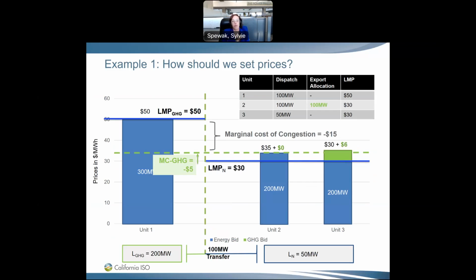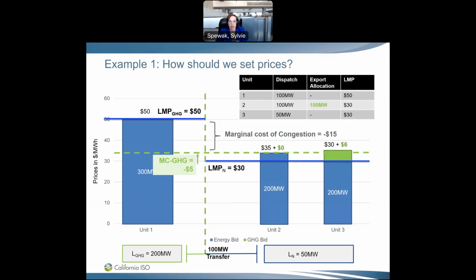But I've also organized this so that you can see visually that this is an efficient price signal, and I've broken it down in a couple of slides to understand how this funds resource costs and where that money comes from. So just from a visual perspective, we know that Unit 2 is the marginal unit serving the GHG area from the non-GHG area. So this resource is attributed. It responds to not only the price signal LMPN, but also the marginal cost of GHG.